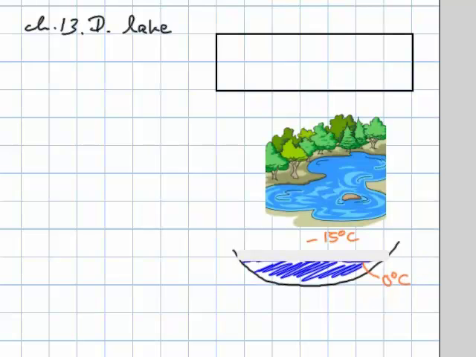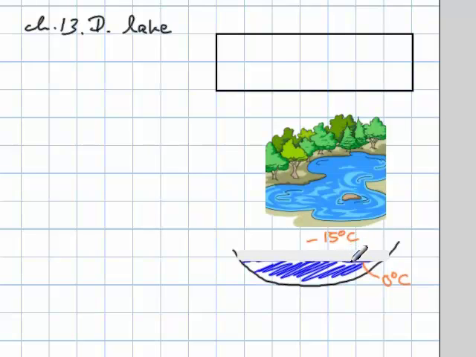Because there's a colder temperature here, heat will flow out of the water just beneath the ice, through the ice into the ambient air, and therefore the water will lose heat, and that liquid water will then become solid ice. It makes a phase change still at the same temperature of 0 degrees Celsius.